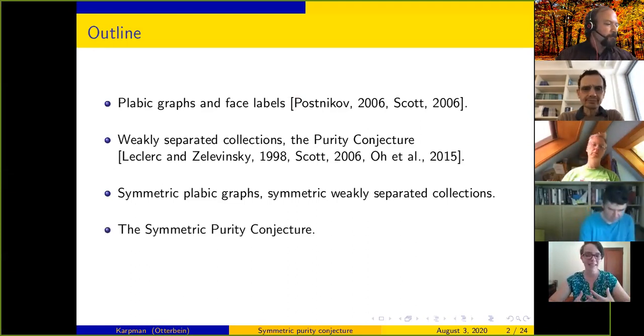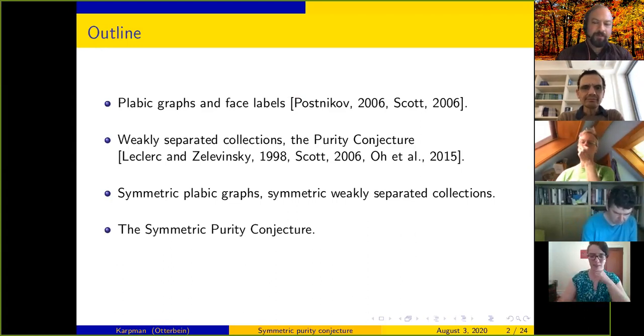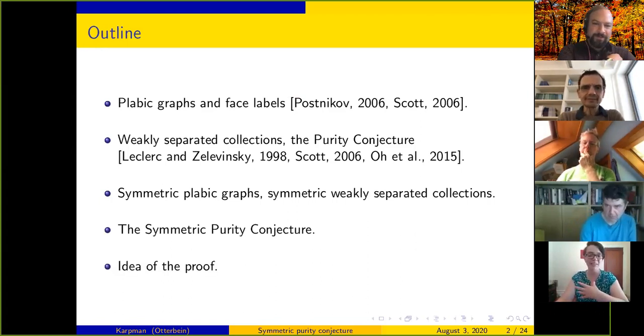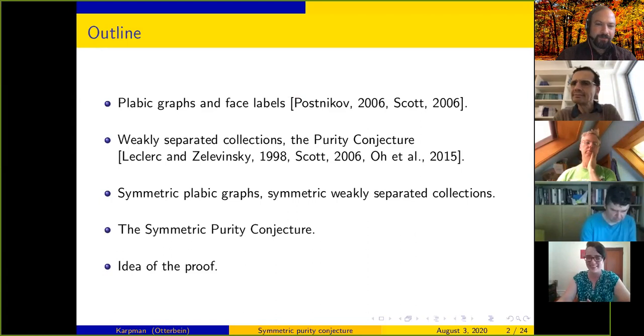And we'll tell a symmetric version of the story linking weakly separated collections and Plabic graphs. And I'll end with some pictures that give an idea of the proof ingredients and maybe a better idea of the structure of symmetric weakly separated collections. So I'm not going to prove anything, but I'll give you some ideas, some ingredients.